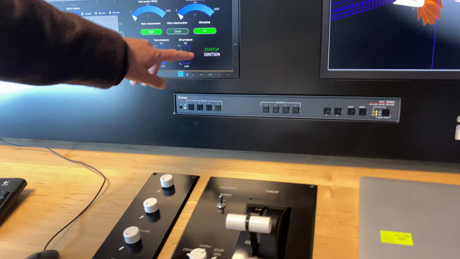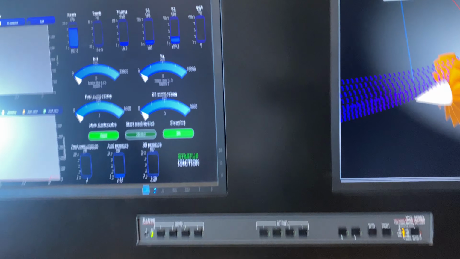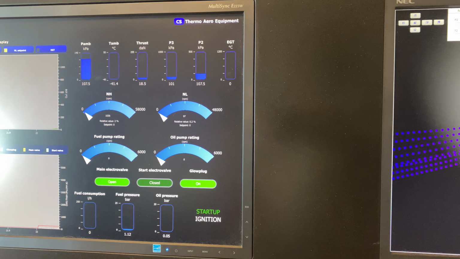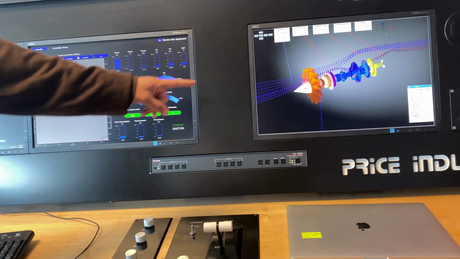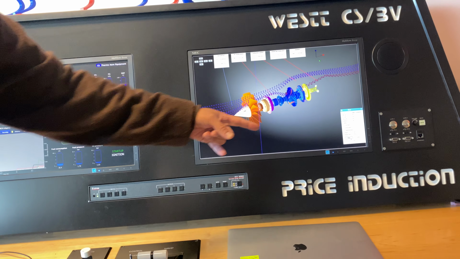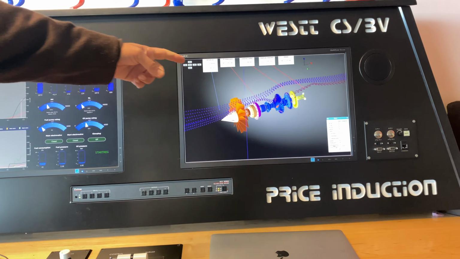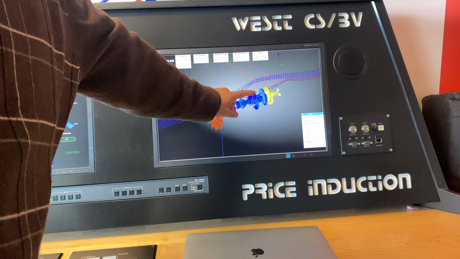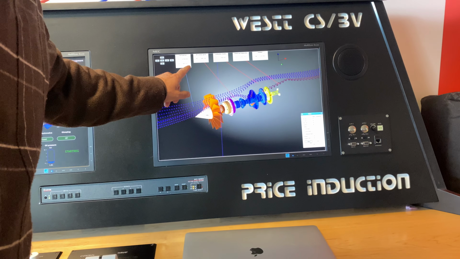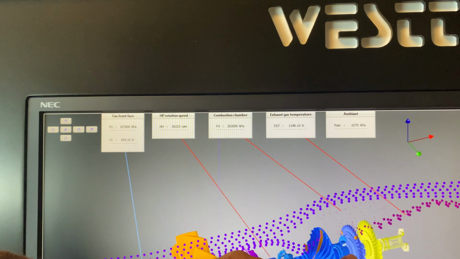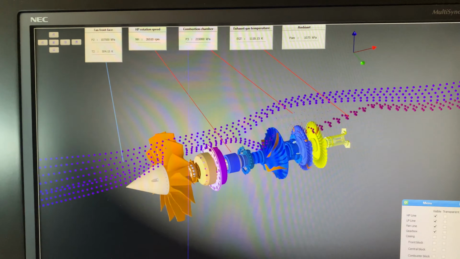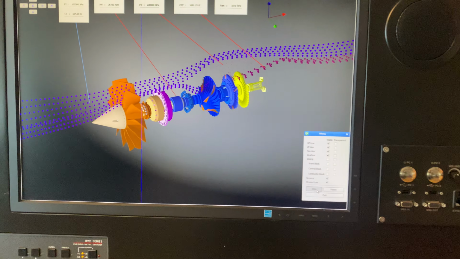You see, when I have manually started this engine, start up ignition, and then you see the RPMs running. The first turbine is the low pressure turbine, then the high pressure turbine, and NH is 25,000 RPM. The yellow color turbine is the low pressure turbine.